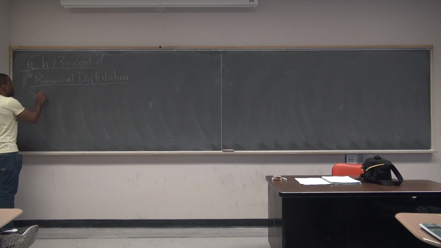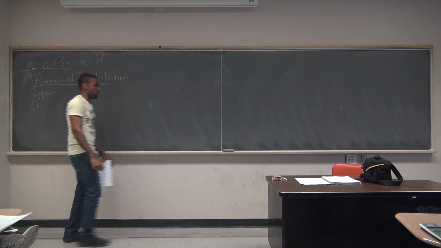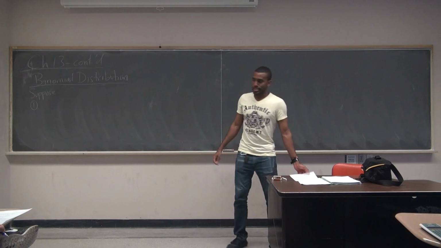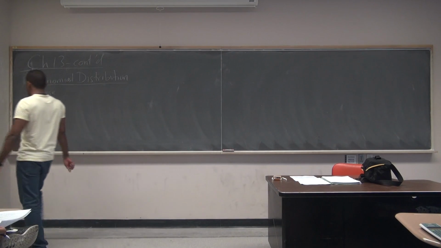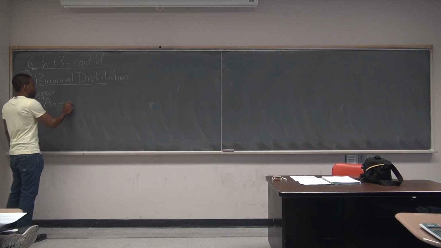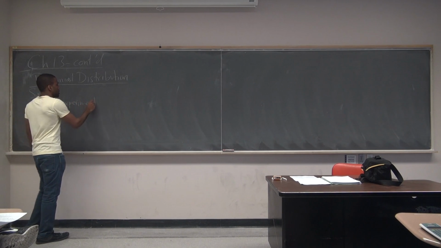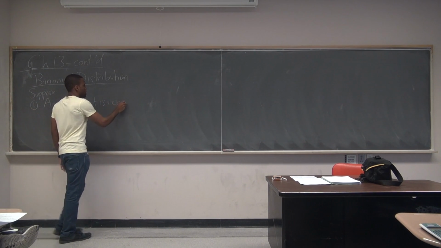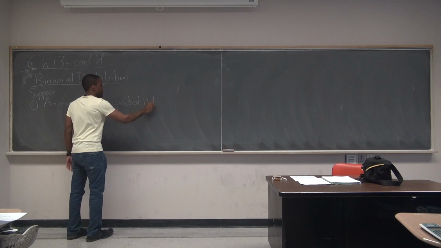Right, so suppose, what are the three conditions that you know you can use a binomial distribution to describe it? This is a probability distribution. How do you know when to use it? One, an experiment is repeated n times.